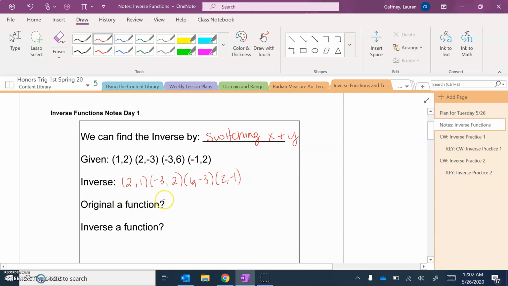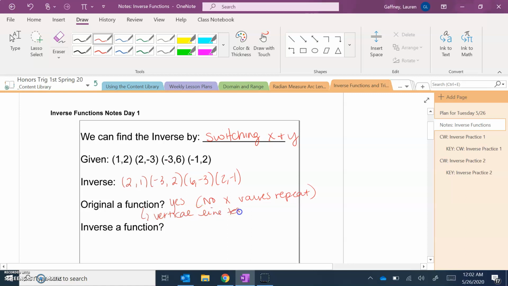So is the original a function? The way you can check for this is if you see any x's repeat, it is not a function. All of my x's in the original are different, so yes, it would be a function. No x values repeat. Another way, if you had a graph of this, you could use the vertical line test.